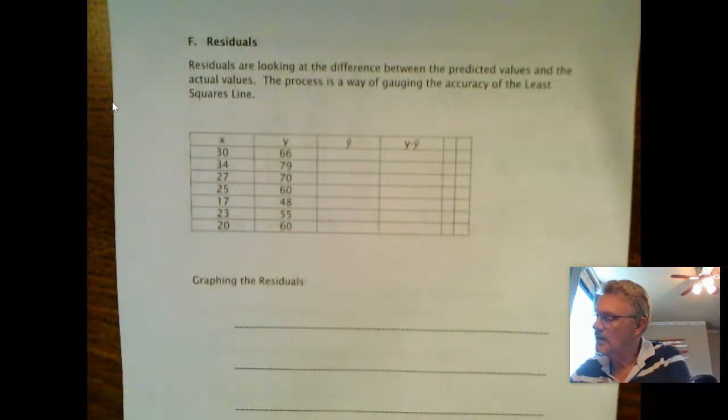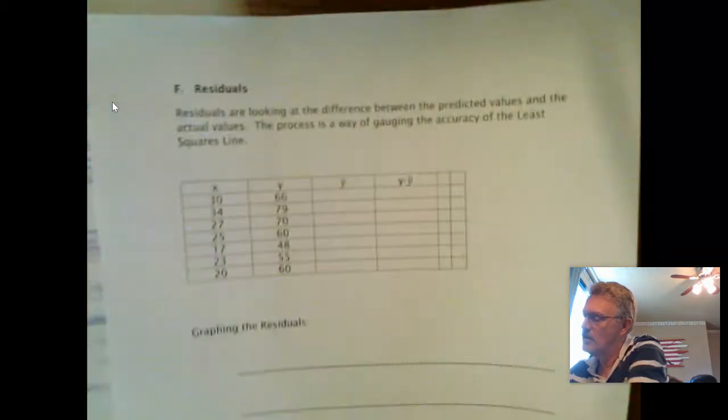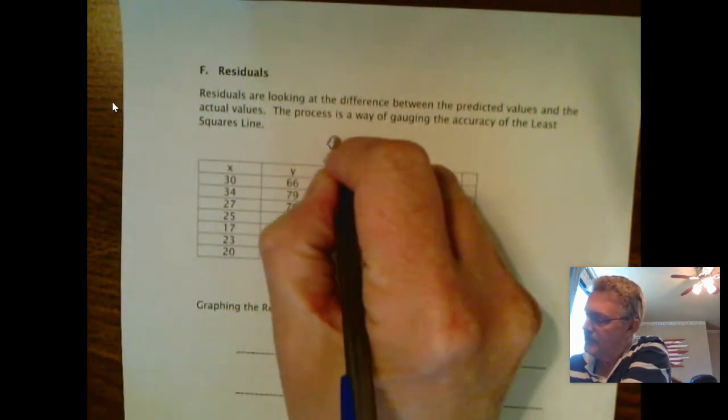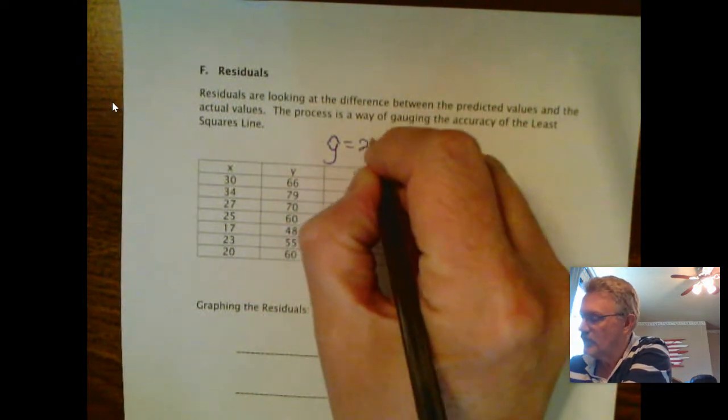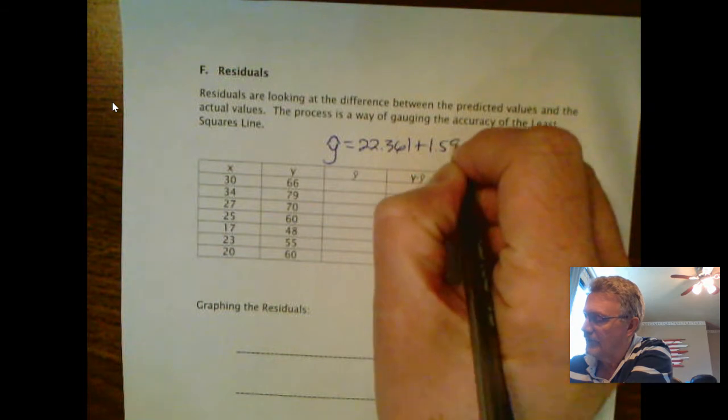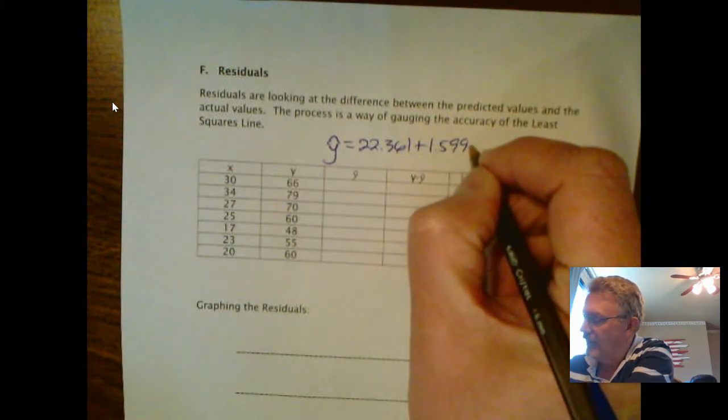So in our work here, we have an equation for the line of best fit, and that's y hat equals 22.361 plus 1.599x.